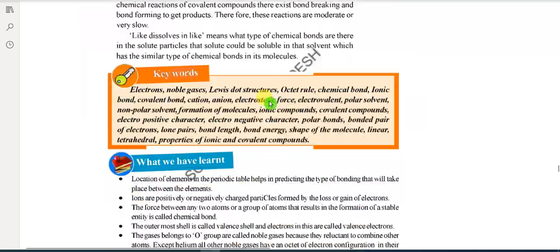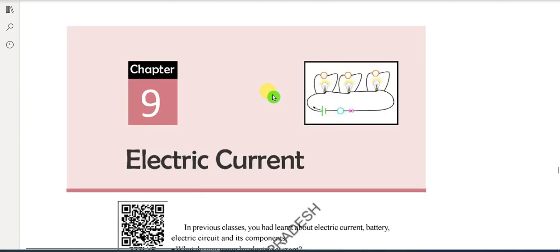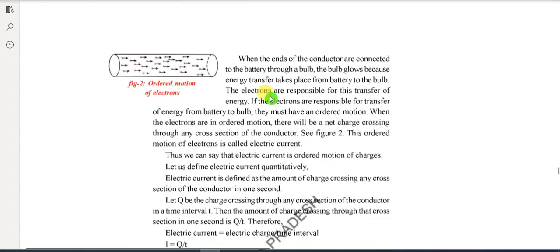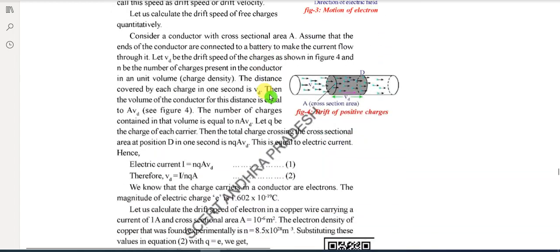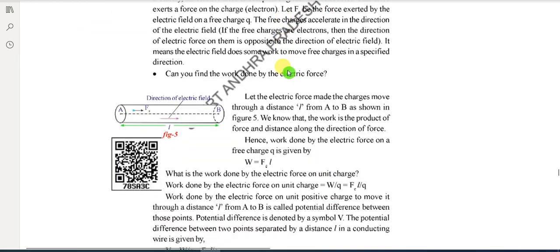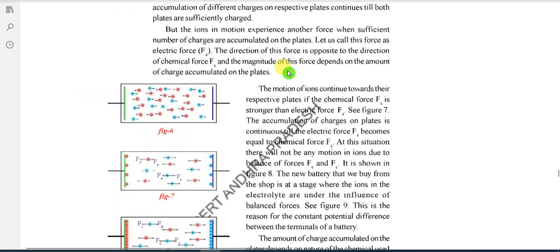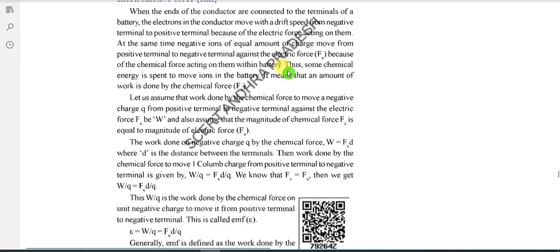Next, in current electricity, Ohm's law is very important. What is Ohm's law? And explain.